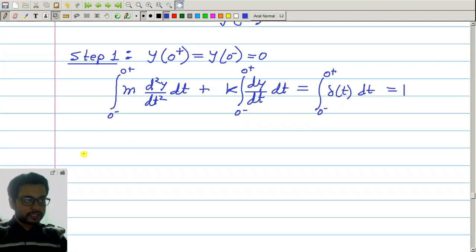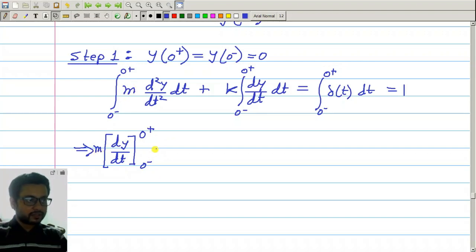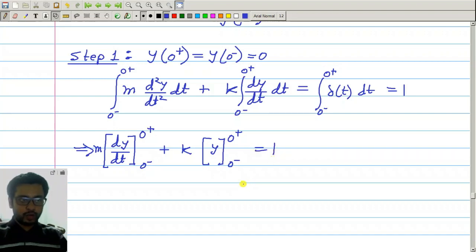Now this first term you can write as m multiplied by dy/dt with limits 0- and 0+, plus k multiplied by y(0+) minus y(0-), and this is equal to 1.